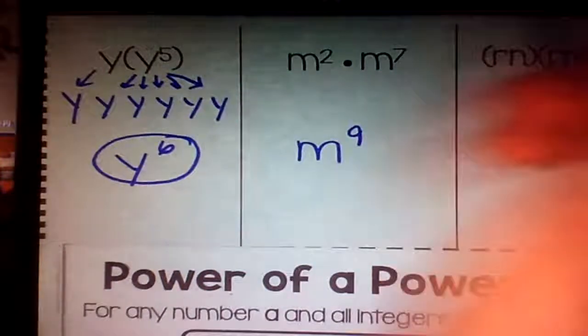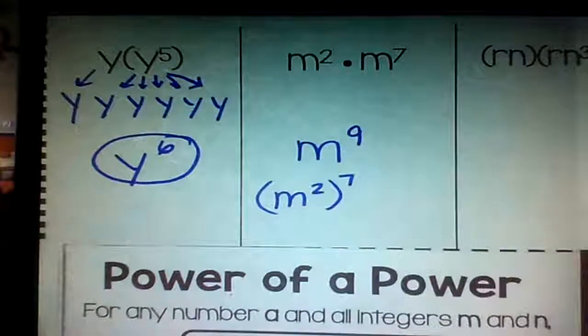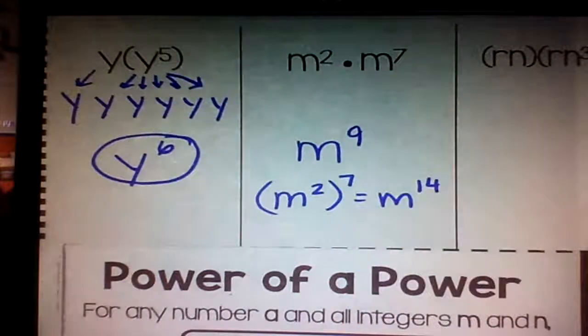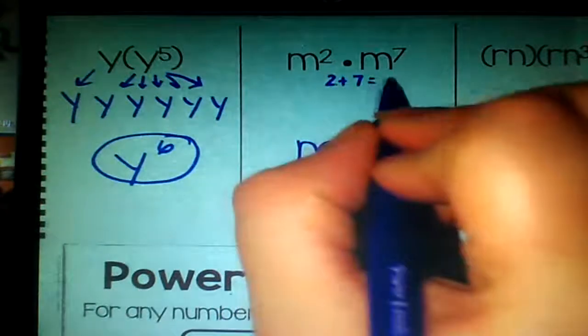Okay, so your difference is if this was m squared raised to the 7th, then that is m to the 14th. When I multiply, this is actually 2 plus 7, which gives me 9.